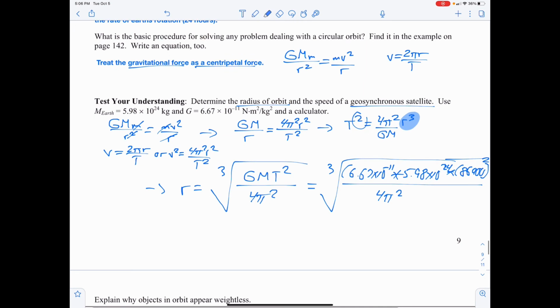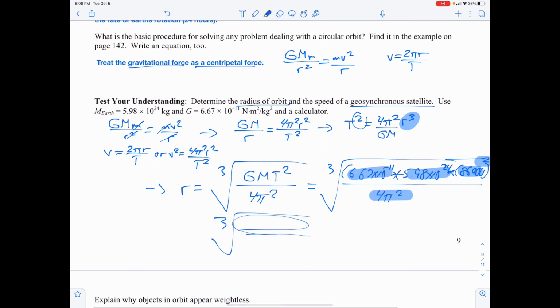The easiest way, I think, to put this in a calculator is to first square that number, times this, and write that number down up here. Then go ahead and do 4 times pi squared and write that number down here. Then divide those two and raise it to the 1/3 power, and you will have cube rooted that answer.